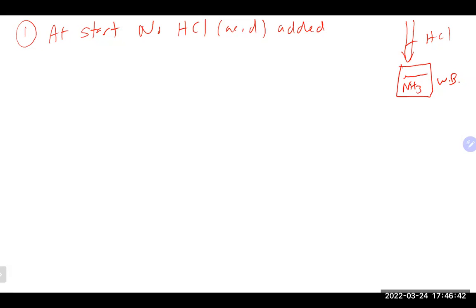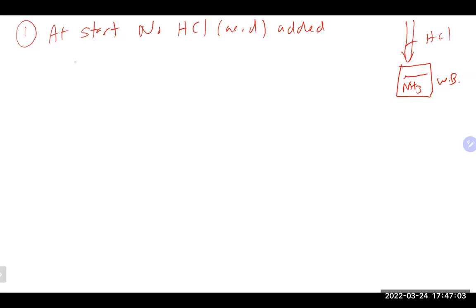And if I wanted to find the pH of a weak base, what should I do? We should do a Kb problem, right? So we want to do an ICE table. We could use the molarity of the ammonia, as we didn't add anything.